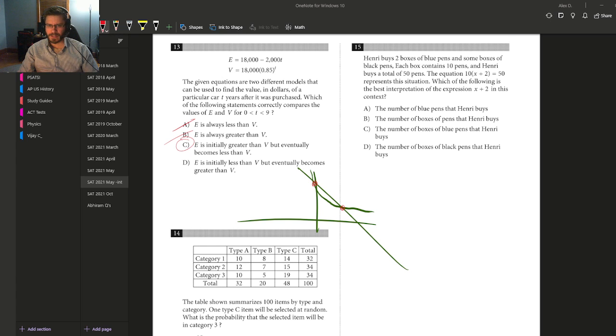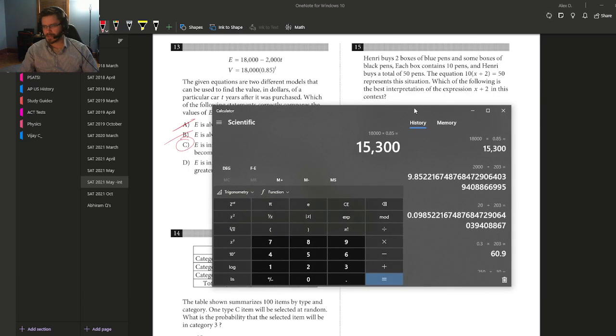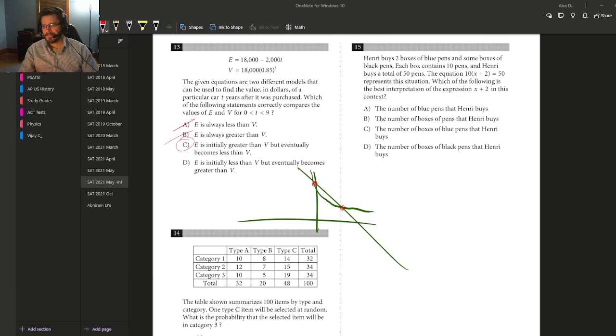But if I go greater than 9, so 9 times 2,000, well, that's the x-intercept. That would put E down here with the 9.